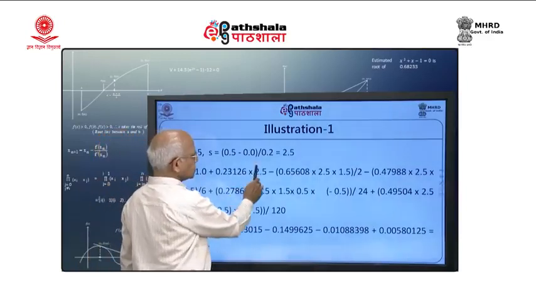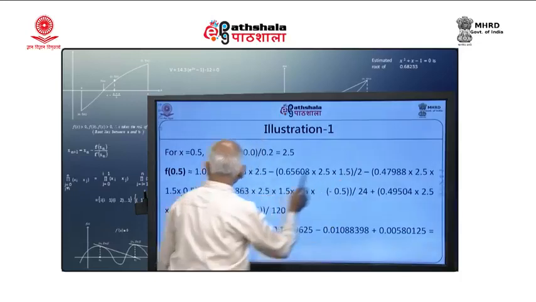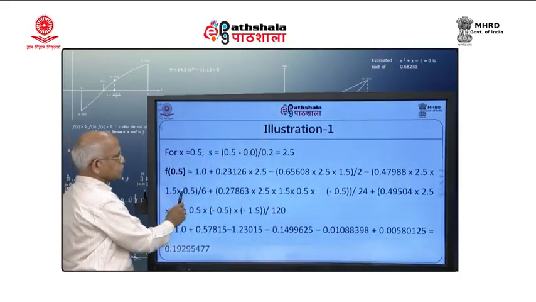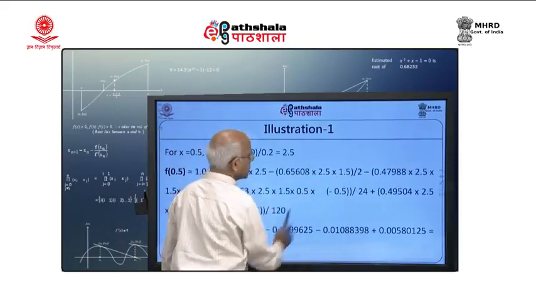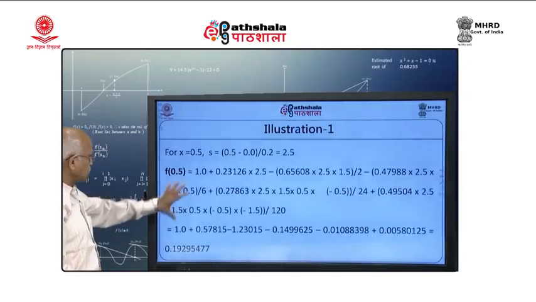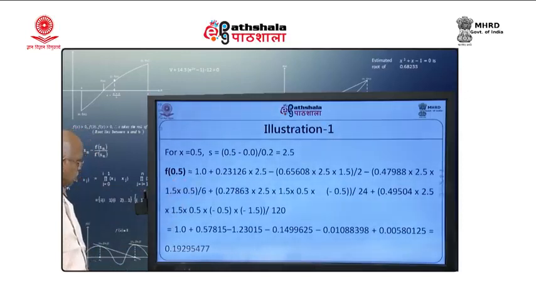This is 2.5, this is 2.5 into 2.5 minus 1, that is 1.5 into 0.5. Here we will get only 2 of them, here we will get 3 of them, and so on. So, we get this computation done for f 0.5 and we get the value as this.